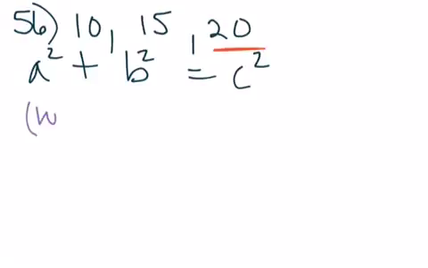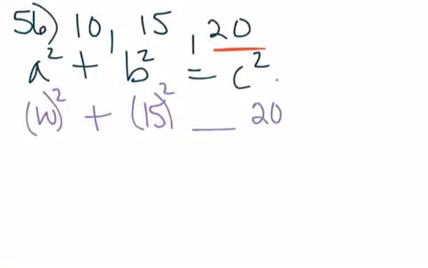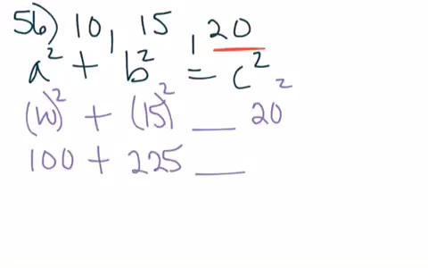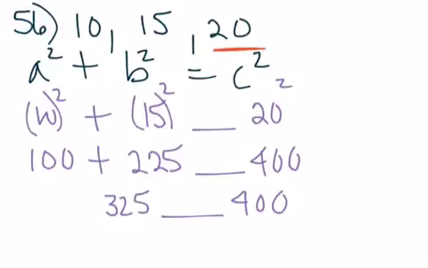So a is 10 squared, b is 15 squared, and we're not sure about this equal, but then we have 20 squared. 10 squared is 100, 15 squared is 225, and 20 squared is 400. 100 plus 225 is 325, and we're comparing that to 400. Well, that is not equal, therefore that is no, not a right triangle.